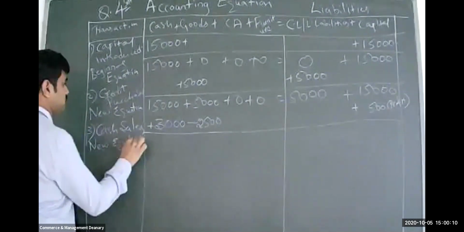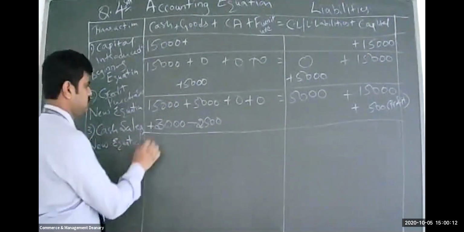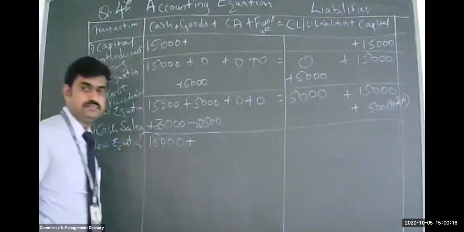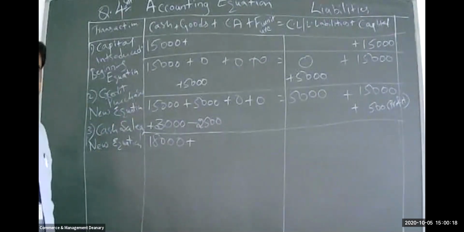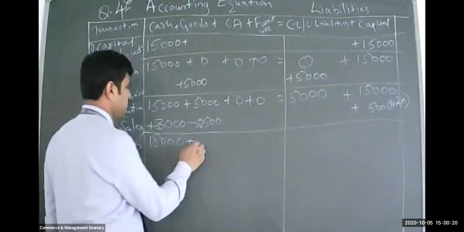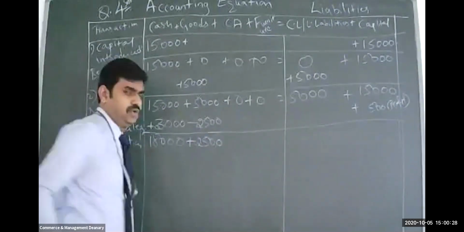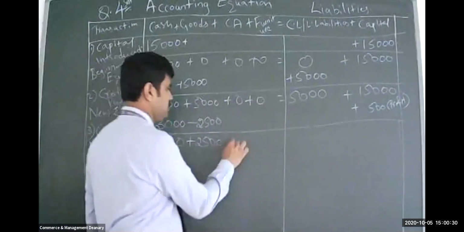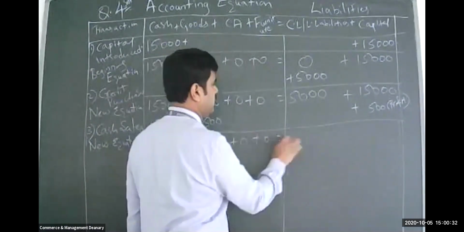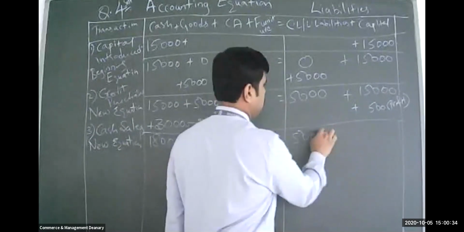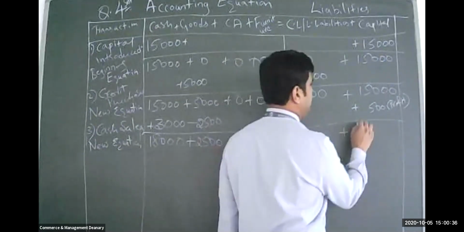How much is cash now? 18,000. How much is goods? 2,500. Liability is 5,000, plus how much is capital? 15,500.